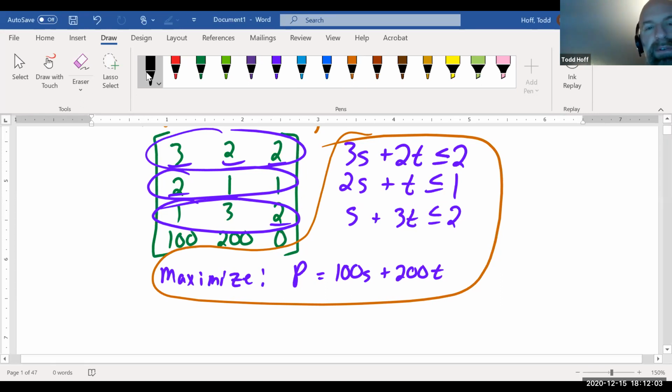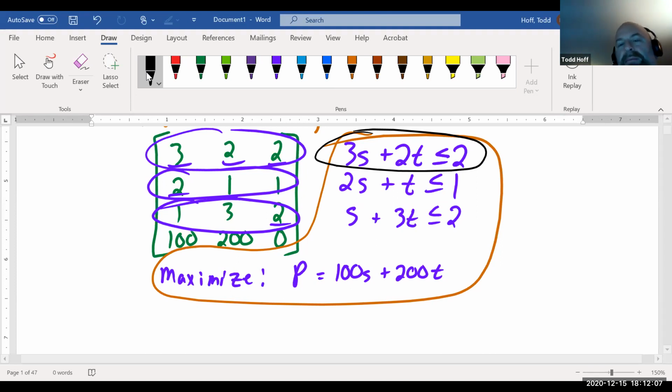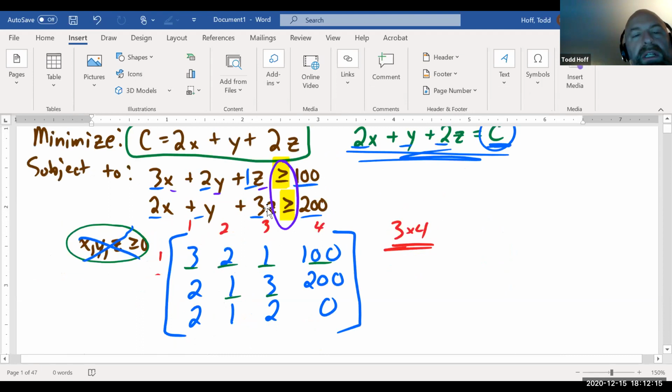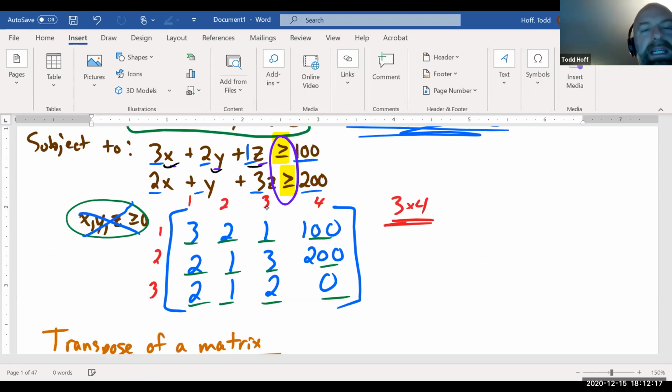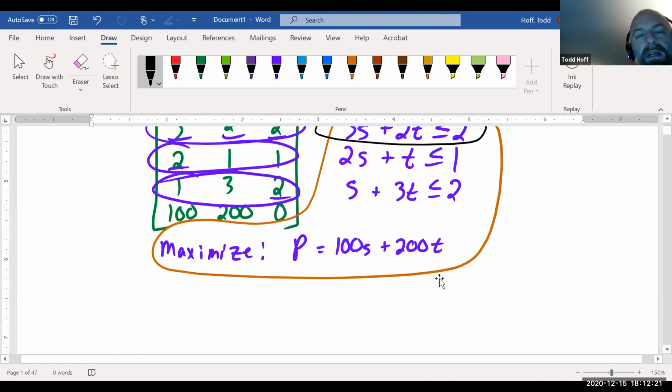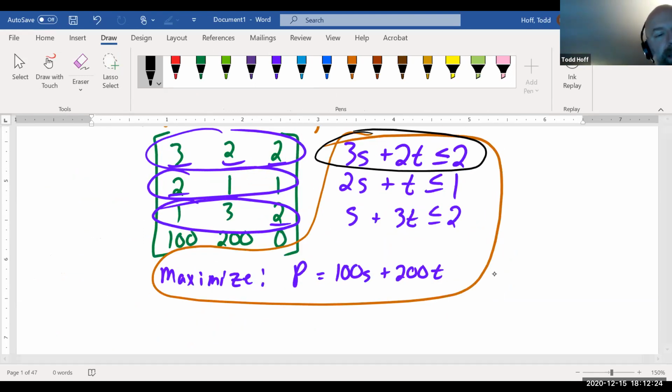So that means I'm going to take this first equation here and I'm going to give it a slack variable. Now, since the variables I'm using here are s and t, which would normally be my slack variables, the slack variables I'm going to use are going to be the variables from the original constraints, x, y, and z. So 3s plus 2t, I'm going to add plus x will be my slack variable, equals 2.